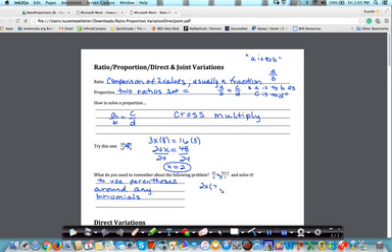2x times 7 equals 8 times (3x plus 1). So you can see right here I used parentheses around the binomial. That is really important.